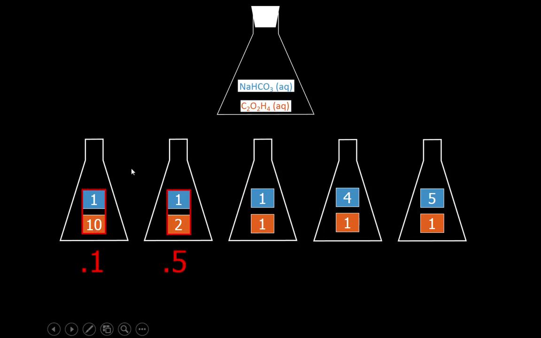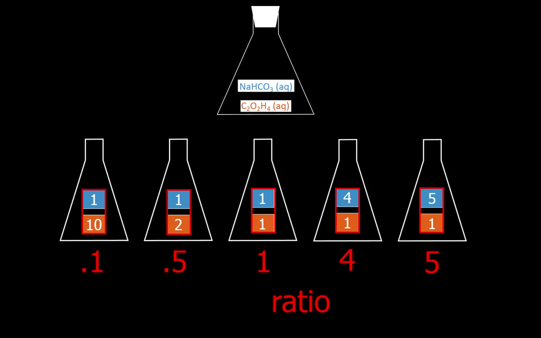The second one is going to be 1 over 2, that's 0.5, 1 over 1, 4 over 1, and then 5 over 1. So this ratio of how many is applied to moles. Moles measures how many. So these 5 numbers represent the mole ratio. And we're trying to see which one of these is optimal for the sodium bicarbonate and for the calcium carbonate reactions.